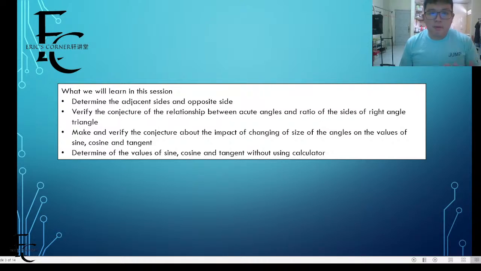After changing the size of the angles, we will also need to know the relationship between sine, cosine, and tangent. Lastly, we will know the values of sine, cosine, and tangent without using a calculator.